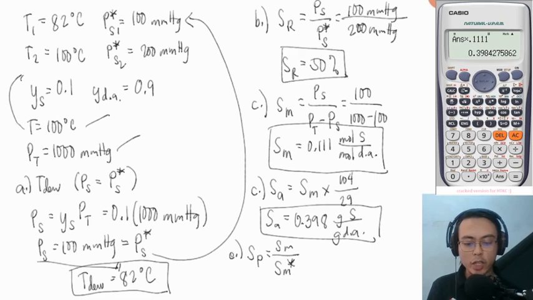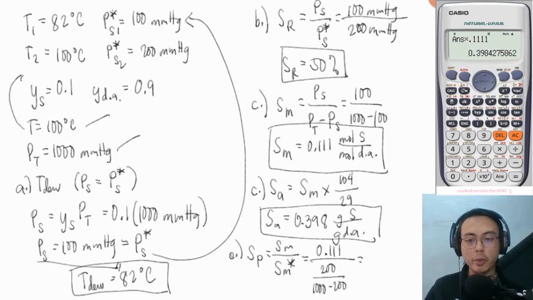Okay, so at 100 degrees Celsius, the vapor pressure is 200 millimeters mercury. So we are going to use that. Your actual molal saturation is 0.111 divided by the molal humidity at the dew point, that would be 200 over 1000 minus 200, of course times 100%.